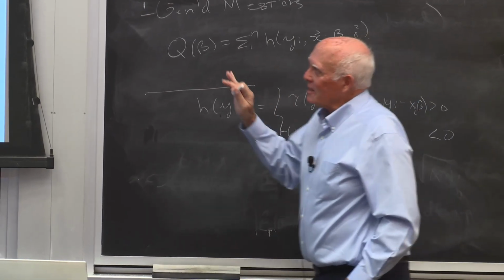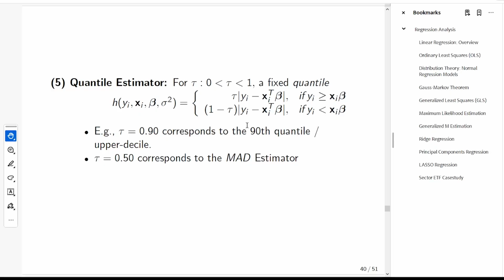For example, when tau is equal to 0.9, this turns out to be a quantile estimate that is working to estimate the 90th percentile of outcomes.